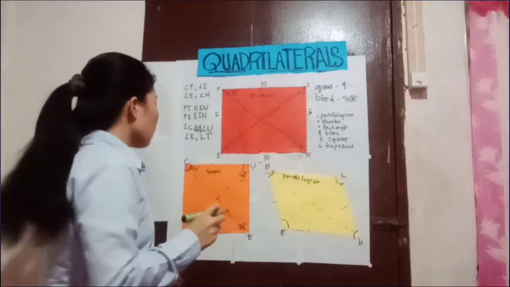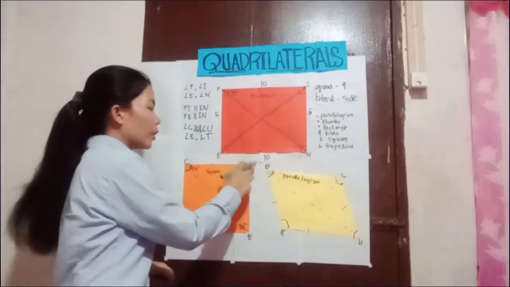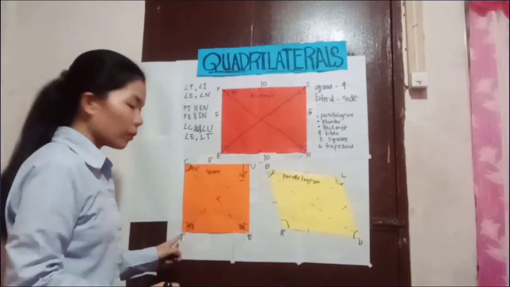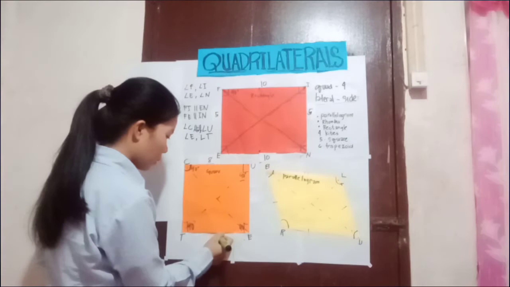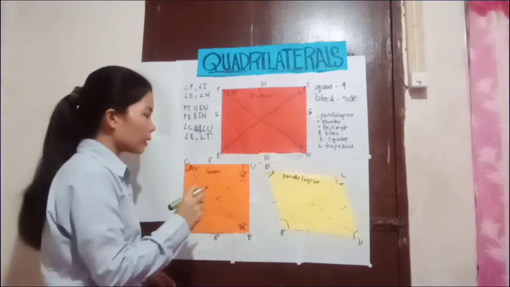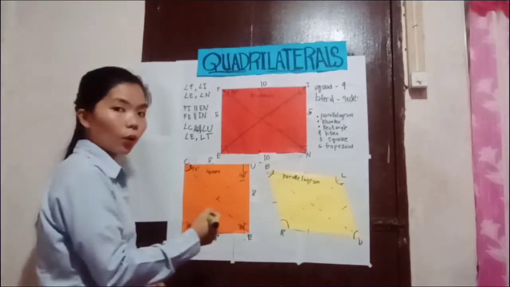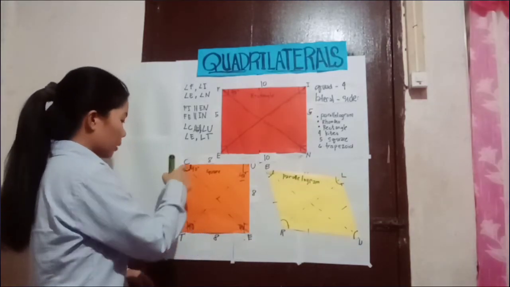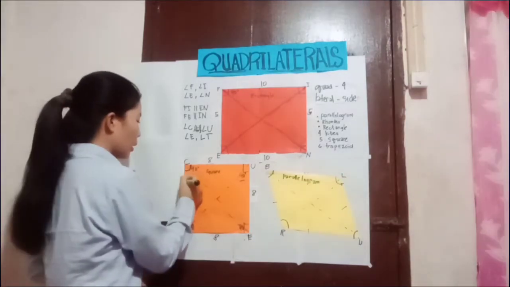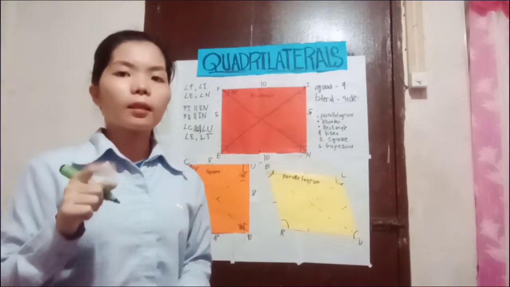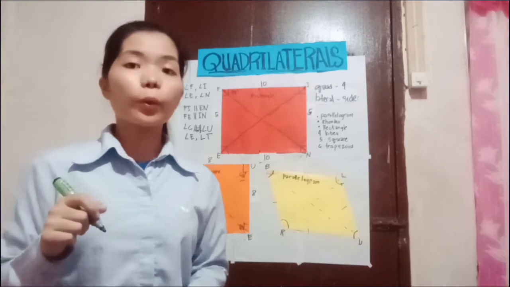Example, if the length of side CU is 8, it's the same with side TE. And side UE is 8 also, and side CT is 8 also, because they are equal and parallel to each other.